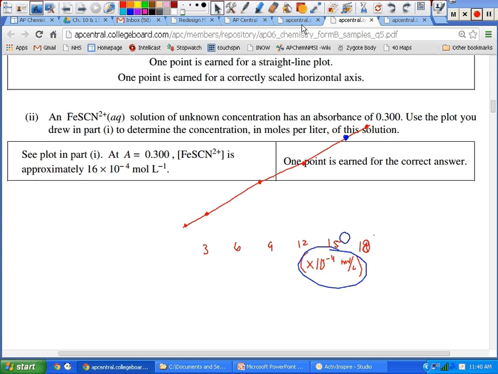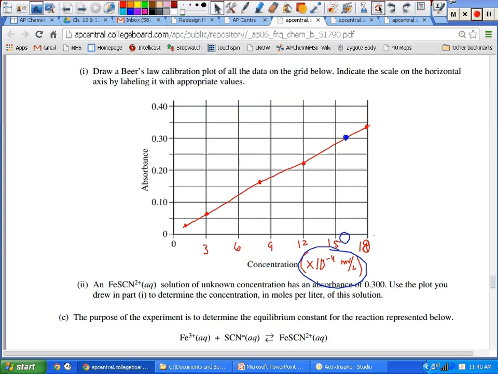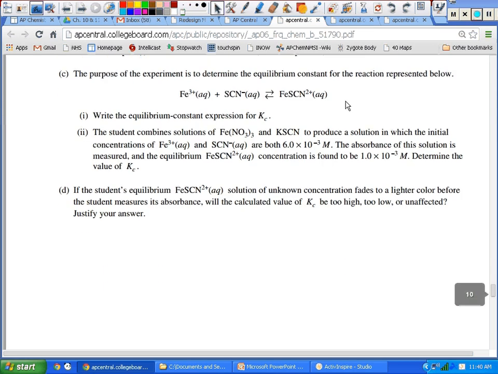Any questions so far? You better be able to do part C, section I. Do C section I. Uh-oh. Are you kidding me? Seriously? It's a Kc.